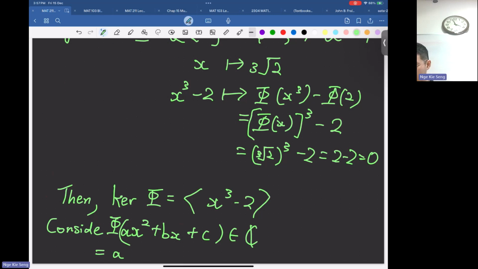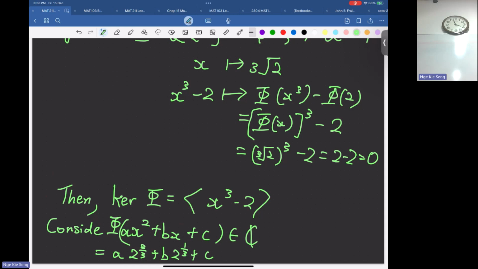You get a times 2 to the 2 over 3 plus b times 2 to the 1/3 plus c. Can you substitute any a, b, c so that this thing is 0? Can you find a non-zero polynomial that gets evaluated to 0?